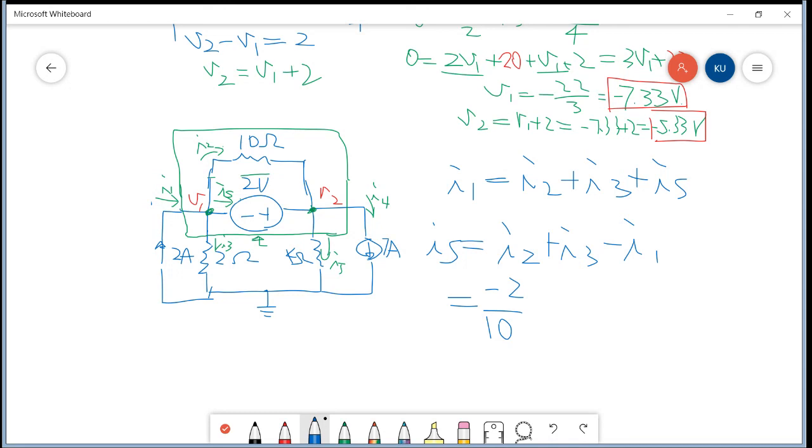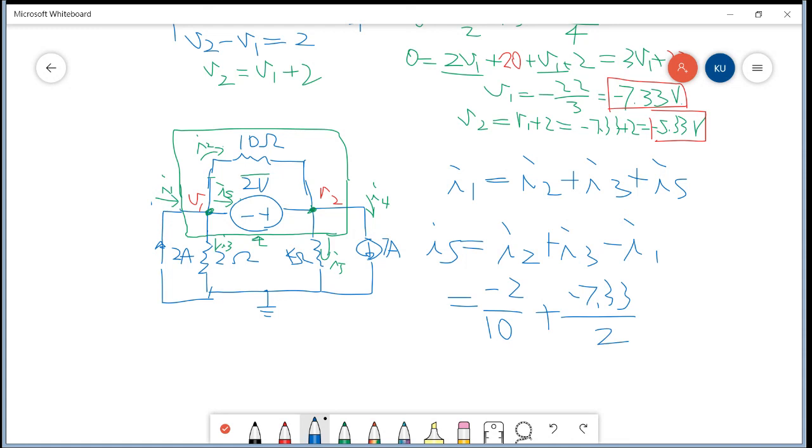And for I3, which will be V1 over 2, which is minus 7.33 over 2.